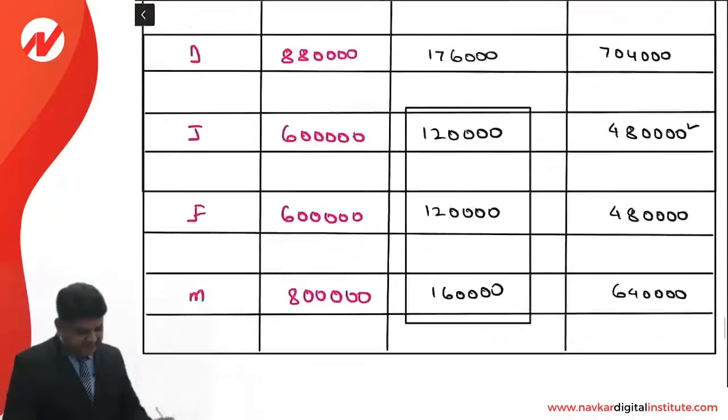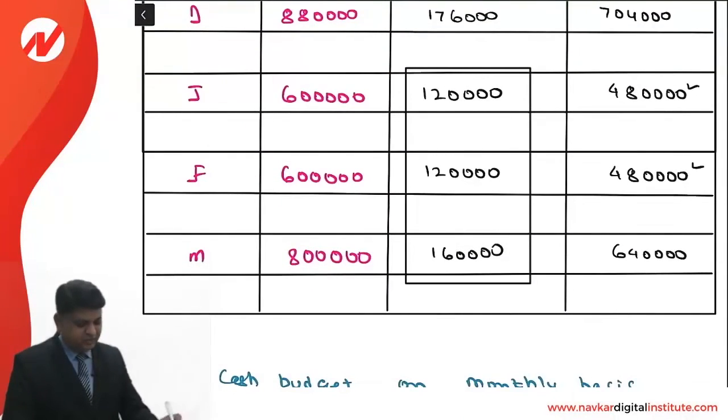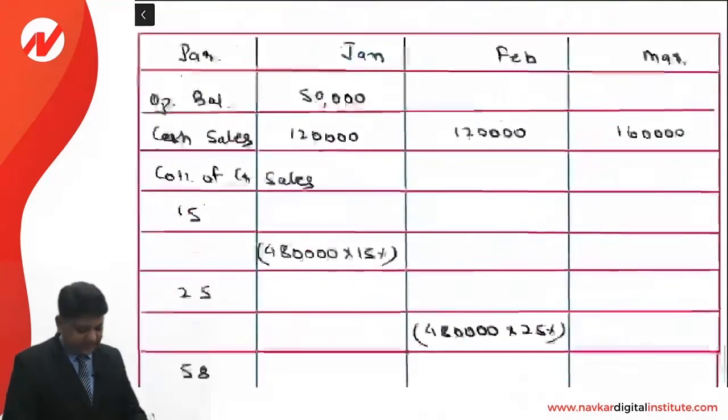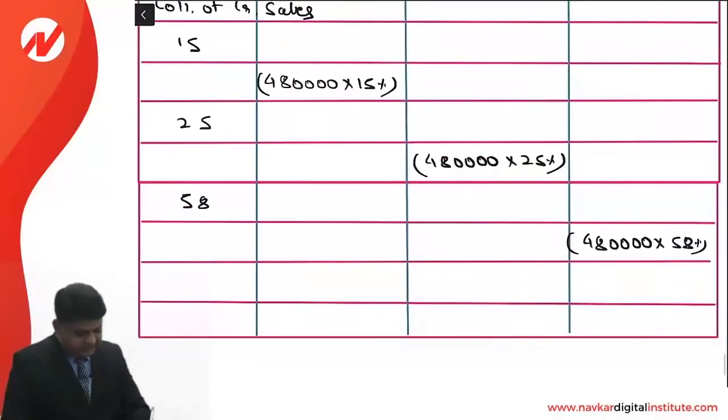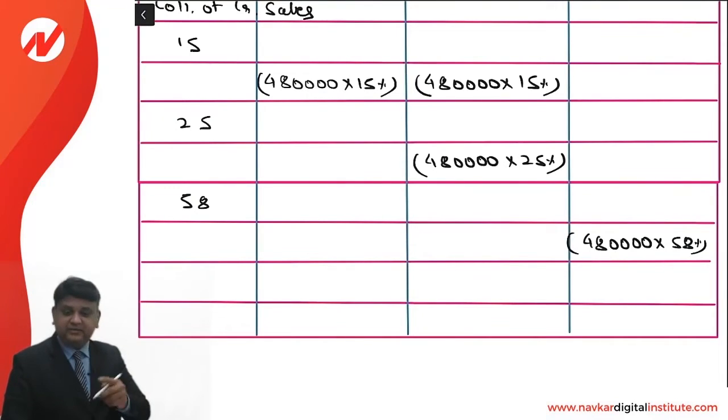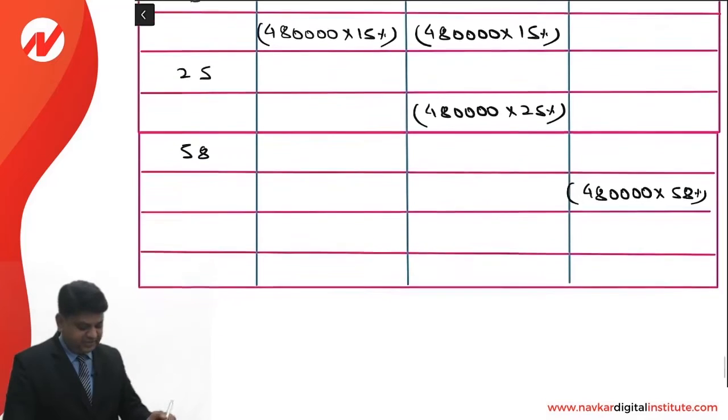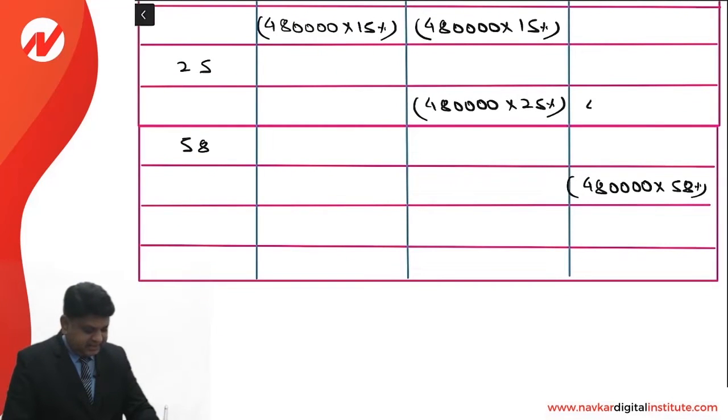Okay, what is the credit sales of February? It is coincidentally same, 4,80,000. So we will mention over here 4,80,000 into 15%. That will be collected in the month of February only. So against 15% and in the month of February we are mentioning. Next is 4,80,000 into 25%.